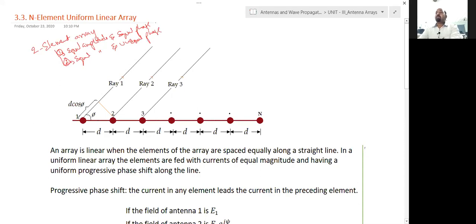Equal amplitude, equal phase is nothing but the broadside array, and equal amplitude, unequal phase is nothing but the end-fire array.